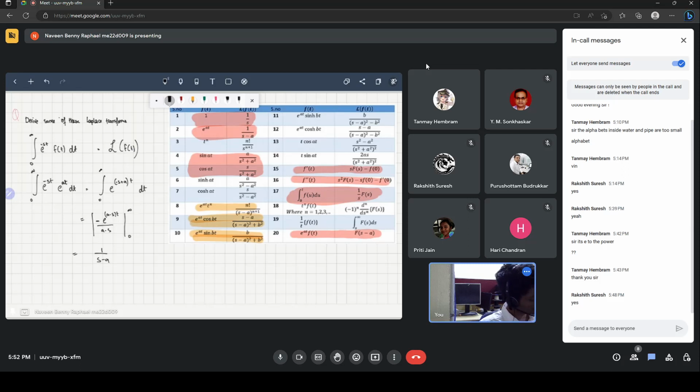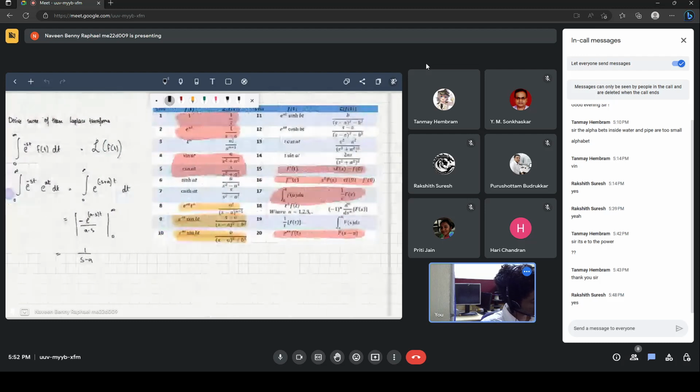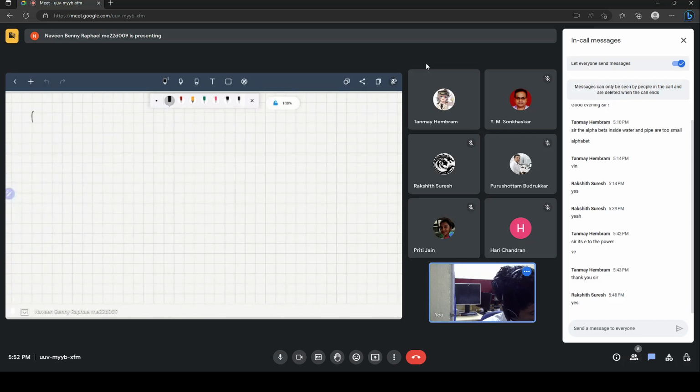Likewise, this property: the integral from 0 to infinity of e to the power minus st f prime of t dt. To simplify this, we start off by using the product rule for integration. So say u is equal to e to the power minus st, dv is f prime of t dt.